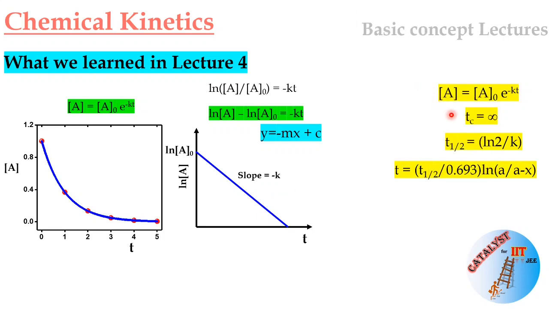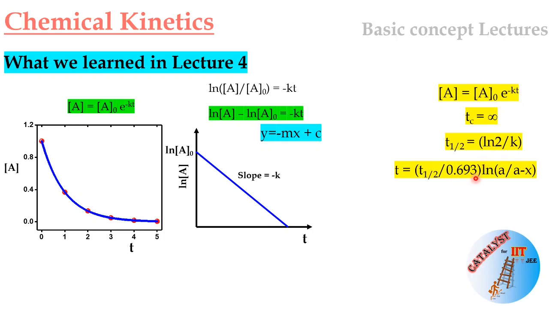Correct? We have also seen that the time of completion for first order reaction is infinite. We have found out that the half-life of first order reaction is independent of your initial concentration and is equal to ln 2 by k. ln 2 has the value 0.693.